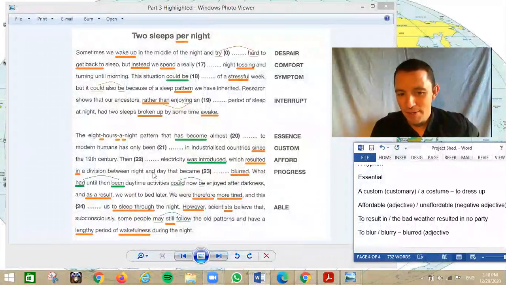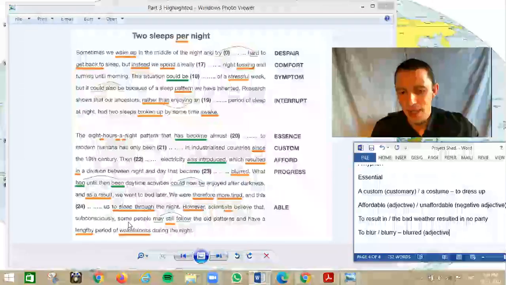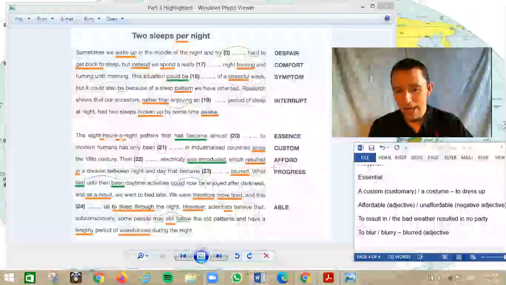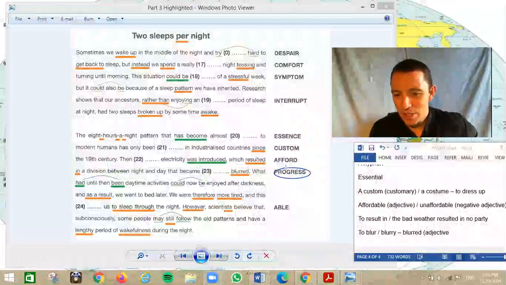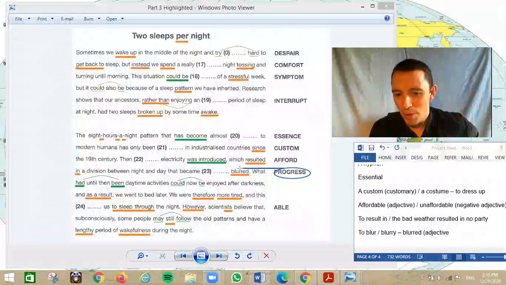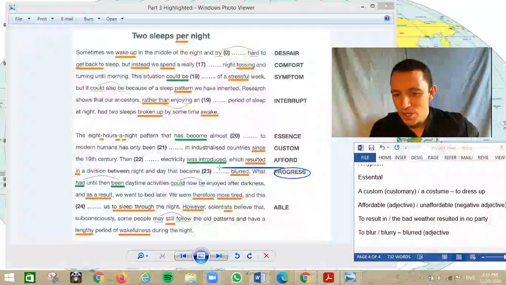So the division basically is the subject. The division became very blurred, okay? So it was not very clear, very cloudy, the division. All right, and then progress is related to the adjective. So I think adjective, no. I think here we need something connected to the verb.